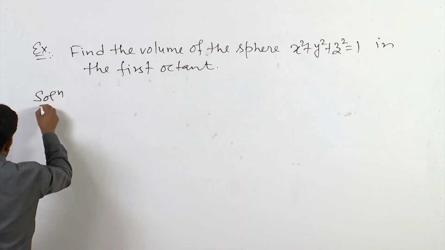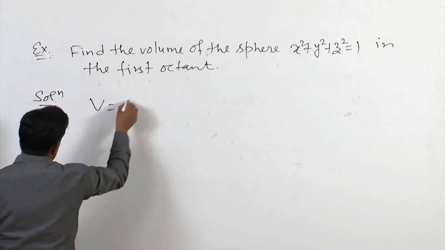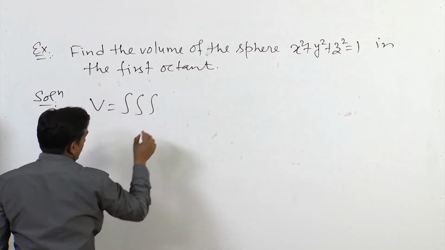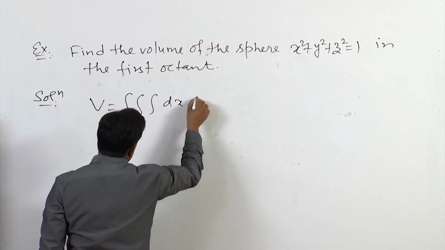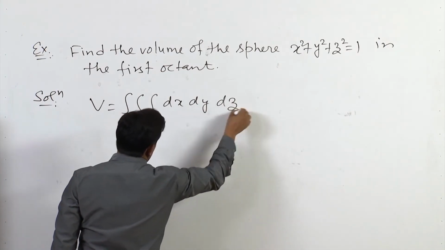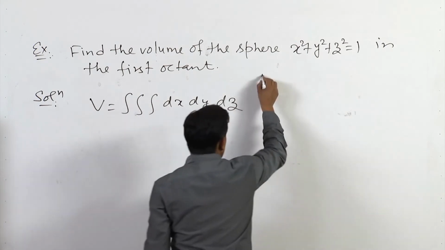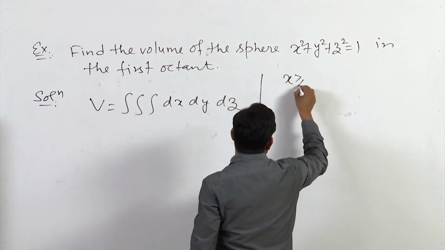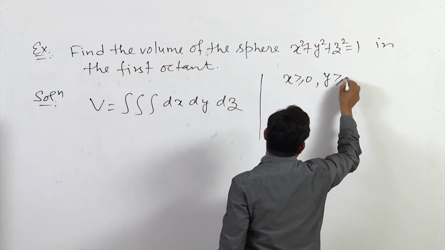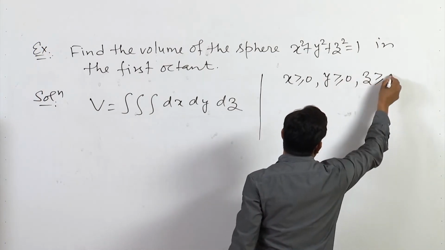So, as you know, the volume is the triple integral of dx dy dz. Now, here the region is x greater than 0, y greater than 0, z greater than 0.